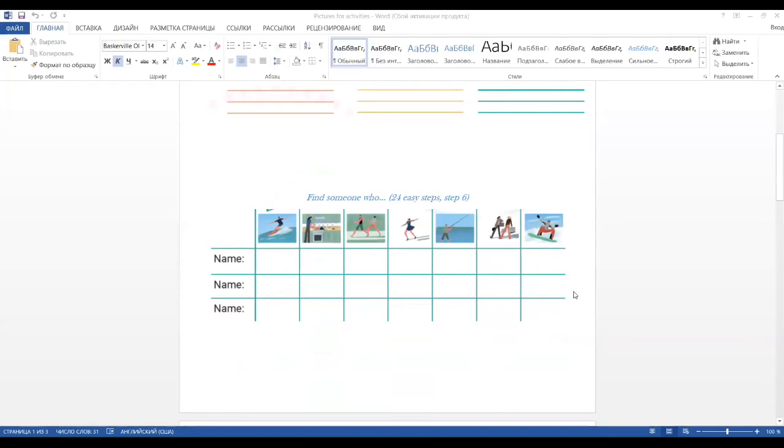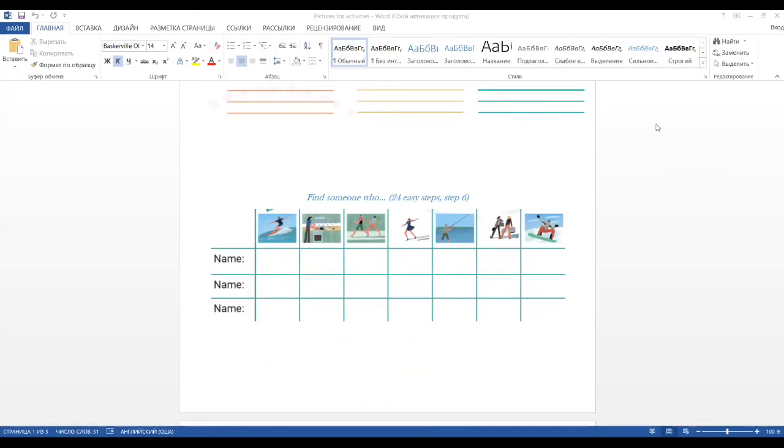For example, from step number 6, I took this game. Here we have different pictures the students discussed, some activities like go shopping, go fishing, cooking, and so on and so forth. So here they have some hints, or this vocabulary that they have to use. They will need to ask, can you, and name the activity, and write the name of their partner.